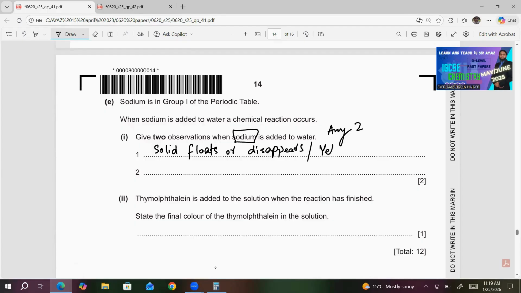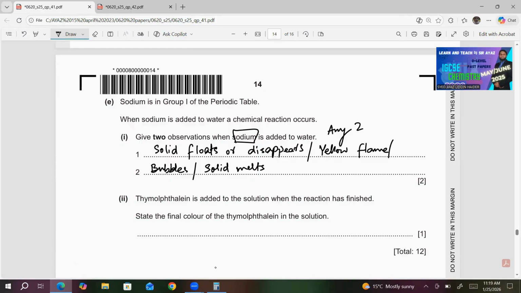Yellow flame due to the presence of the sodium. You see bubbles. You can even write solid melts. So you can write any 2 from these.